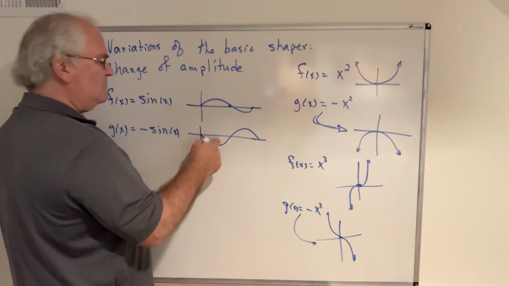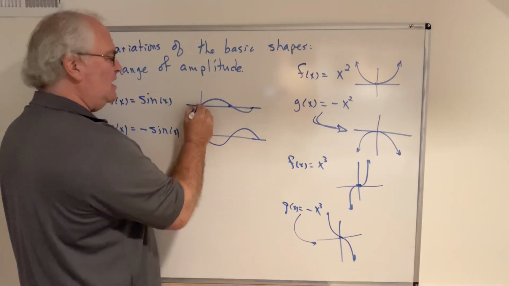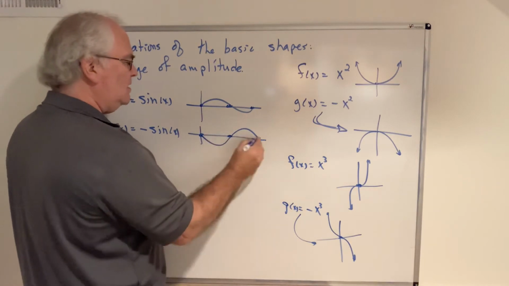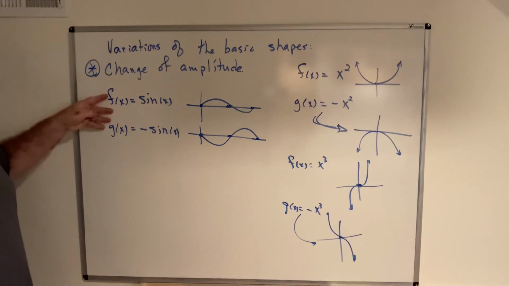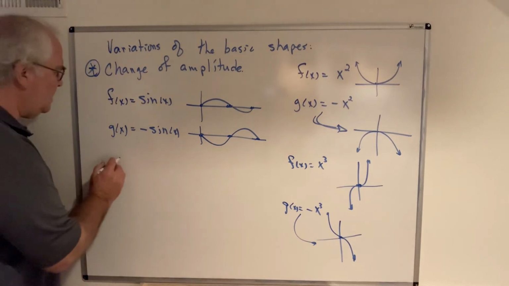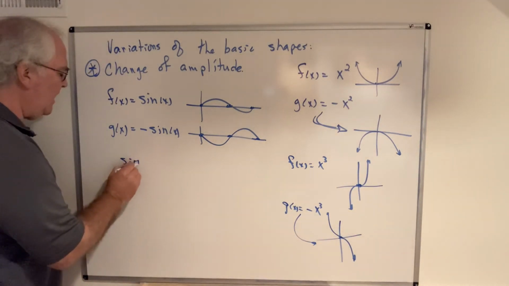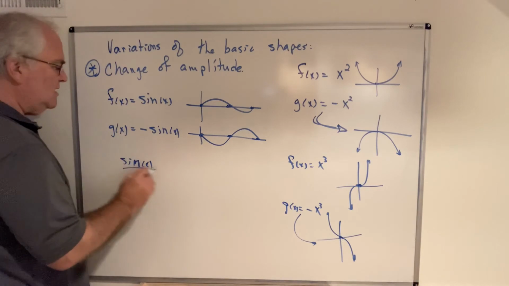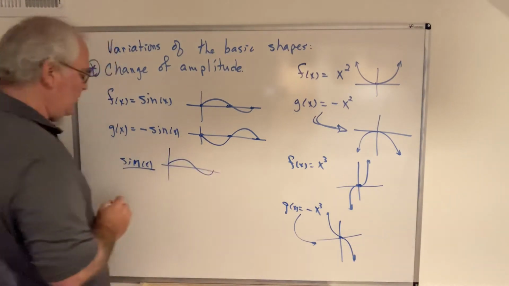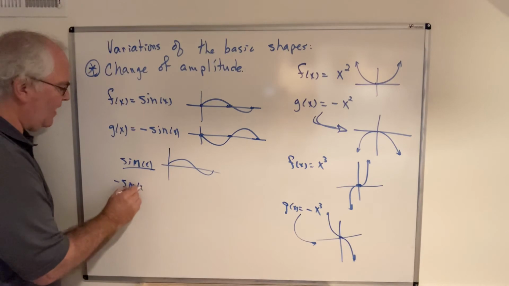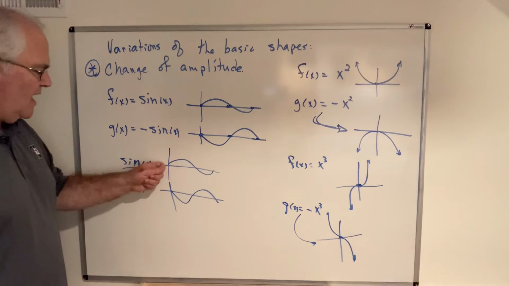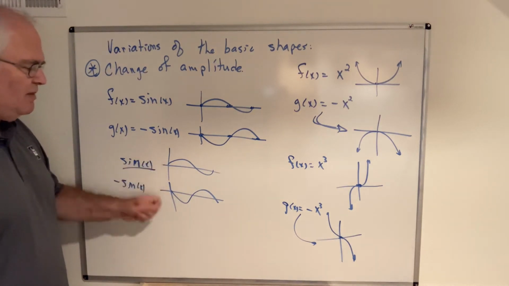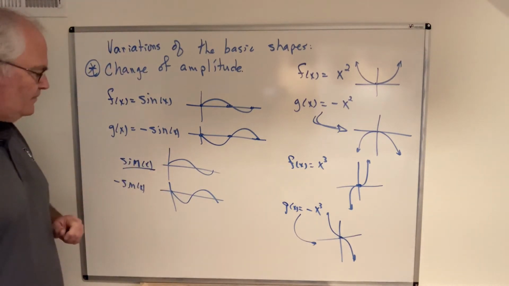So these two pictures need to be in your comfort zone. You need to know, what does the basic sine of x graph look like? Sine of x looks like that picture. What does negative sine of x look like? It looks like that. The positive sine of x, negative sine of x. That needs to be automatic in your mind.